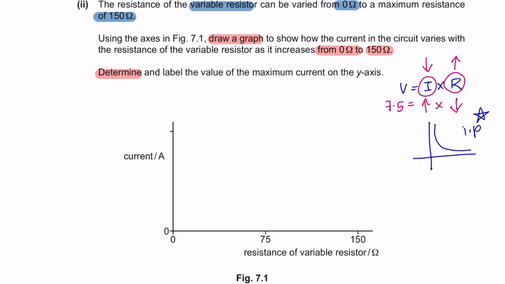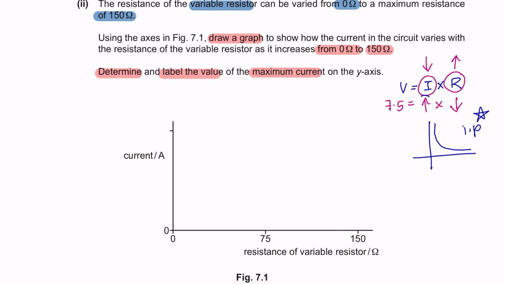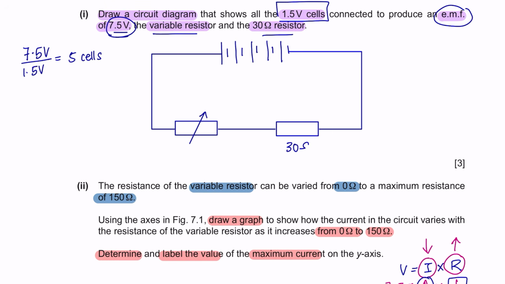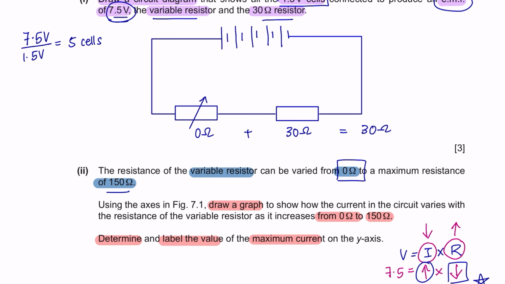You are asked to determine and label the value of the maximum current on the y-axis. To get a maximum current, you must have the lowest resistance. So let's see. We've got a 30 ohm resistor, and since the variable resistor can vary from 0 to 150, let's start with the lowest. Since this is a series circuit, you just have to add your resistance, giving you a total of 30 ohms.